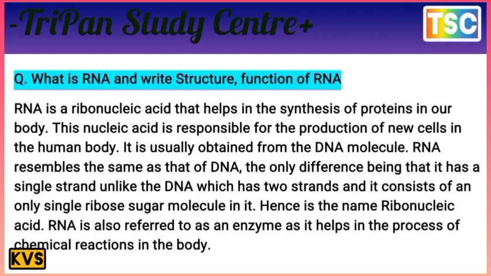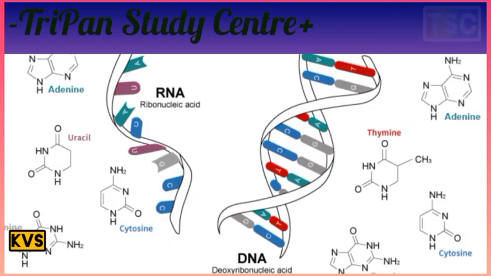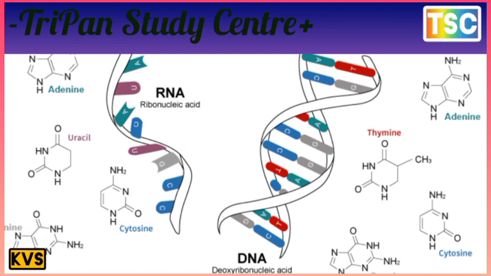Know that. Let's see the diagram here. On your screen, one side is the DNA structure and the other side is RNA. You understand there are different parts, but remember there is a part that is the same. RNA, ribonucleic acid, has adenine, uracil, cytosine and guanine.